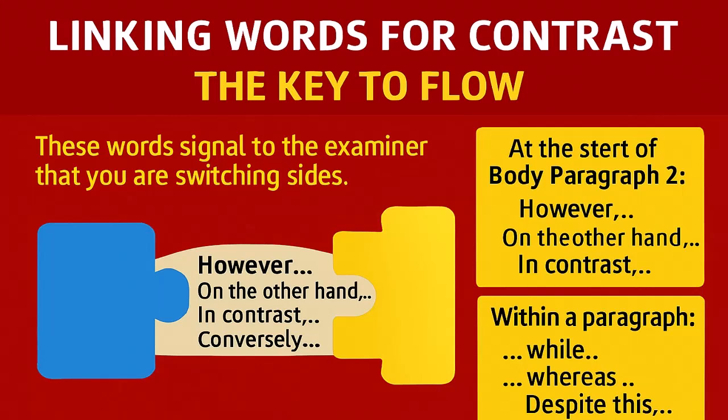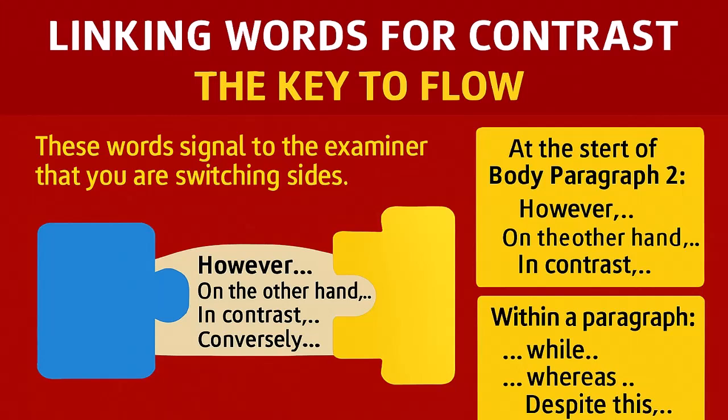This is where you're making the pivot from view A to view B. Using a strong contrast word here is like putting up a bright signpost for the examiner, telling them exactly what you're doing. So, start that second body paragraph with something like, however, on the other hand, in contrast, or conversely.